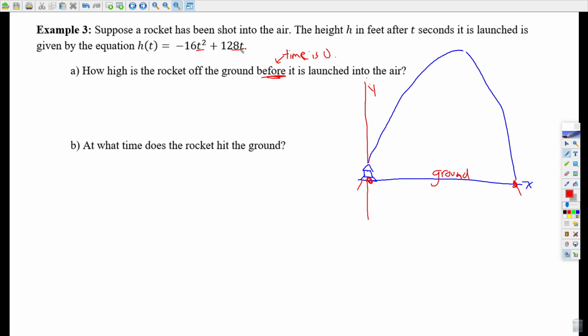So what we're going to do is look at this side over here and say, okay, we know t is seconds, and h of t is your height. So if we know the time is 0, I'm going to plug in 0 for the t's here. So we're going to do h of 0 equals negative 16 times 0 squared plus 128 times 0.